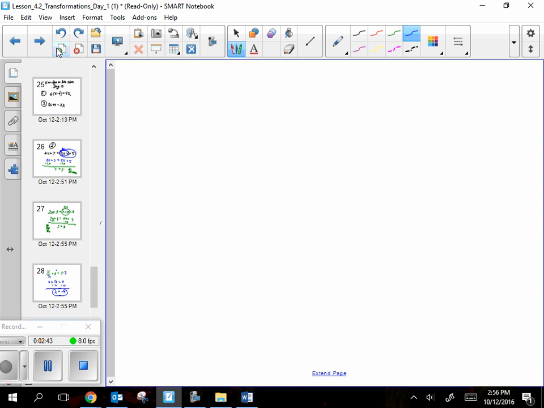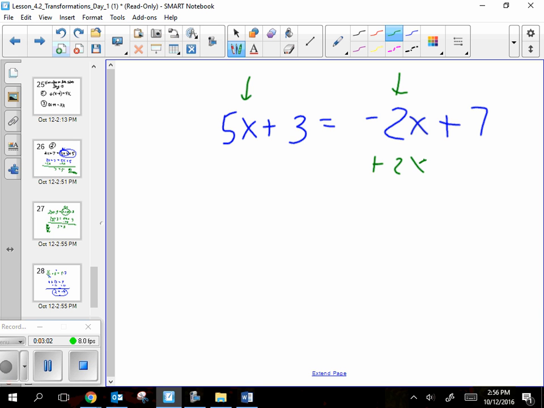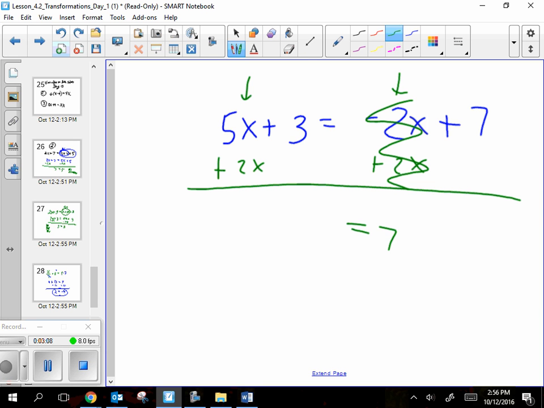What if we have variables on both sides and they don't cancel? Let's say I had 5x plus 3 equals negative 2x plus 7. Well, then I have variables on both sides. The first thing you do then is to get rid of the smaller of the two variables. These are my two variables, and the smaller one's the negative 2x. So I'm going to add 2x, draw the line. These guys cancel, and I have 7x plus 3 equals 7.